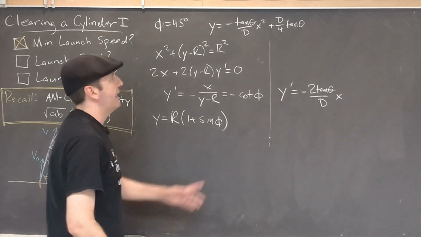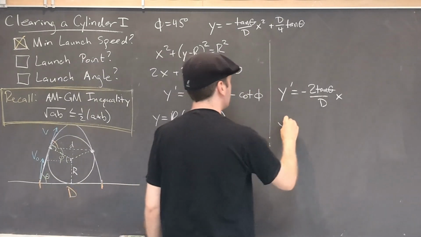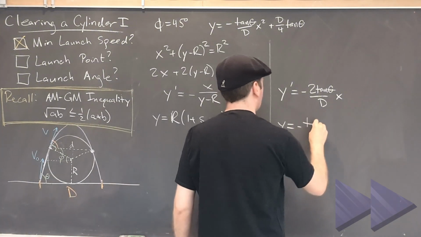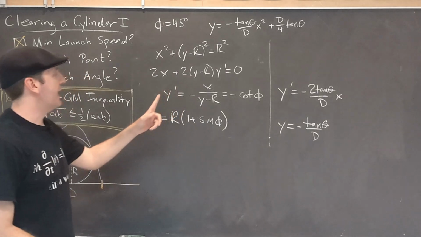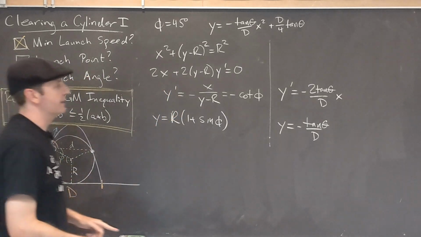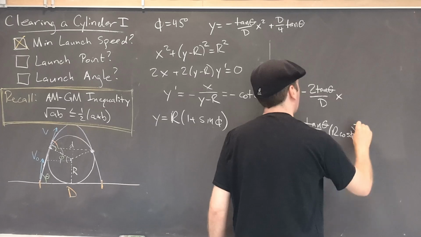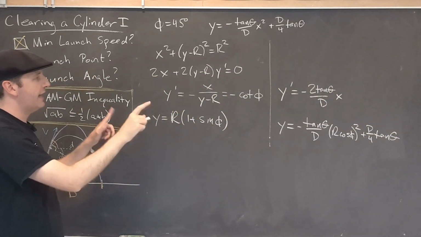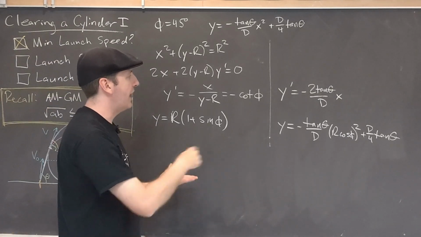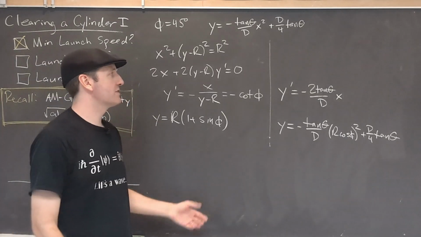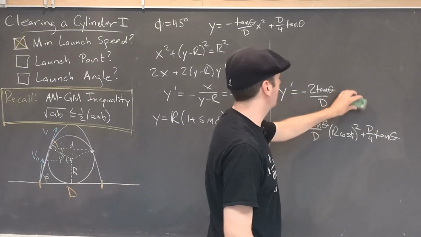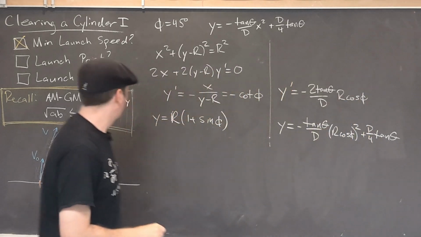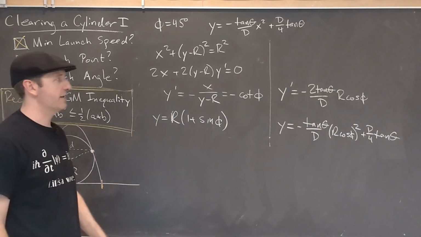And of course, the y-coordinate over here will be negative tan theta over d, and let's go ahead and rewrite x as r cosine phi. And don't forget the constant term. So I need the slopes to be equal, and I need the two heights to be equal at this point. That'll give us a system of equations. And actually, while I'm at it, let's go ahead and replace this x also with r cosine phi for this point here where they are tangent to each other.